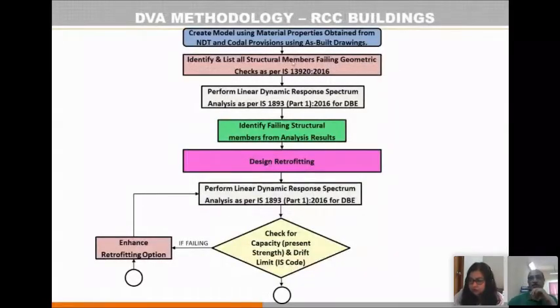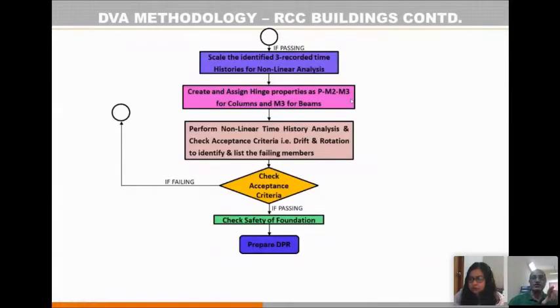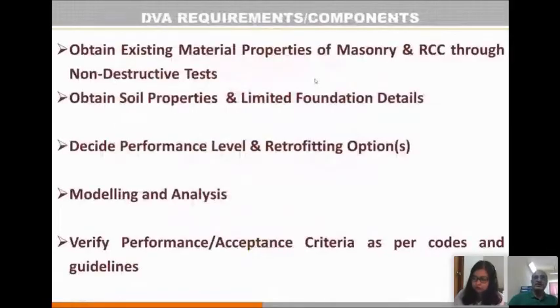On the contrary, when you look at the RCC frame building, you have to perform the linear dynamic analysis. Apart from that, after retrofitting is done, you need to do the non-linear time history analysis as well. In the detailed vulnerability assessment, you have to do systematic, detailed, non-destructive tests to understand the in situ material properties of RCC, steel and masonry, and take the appropriate figures, and with all those facts and figures, update your model, and then carry out the detailed analysis.